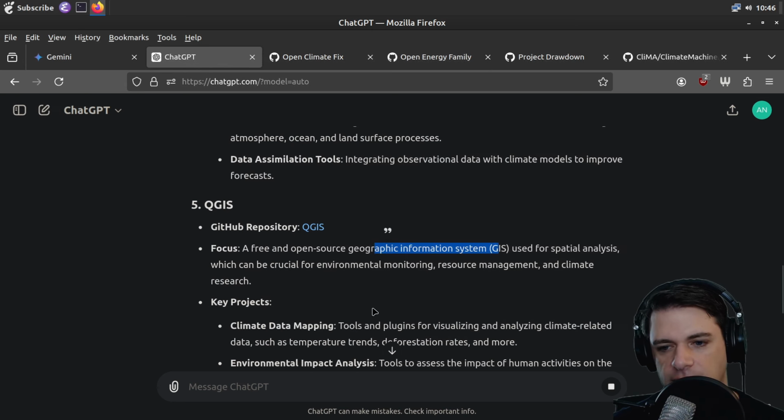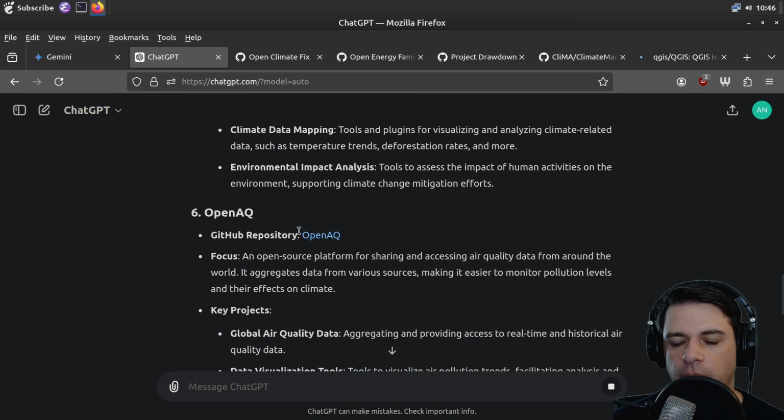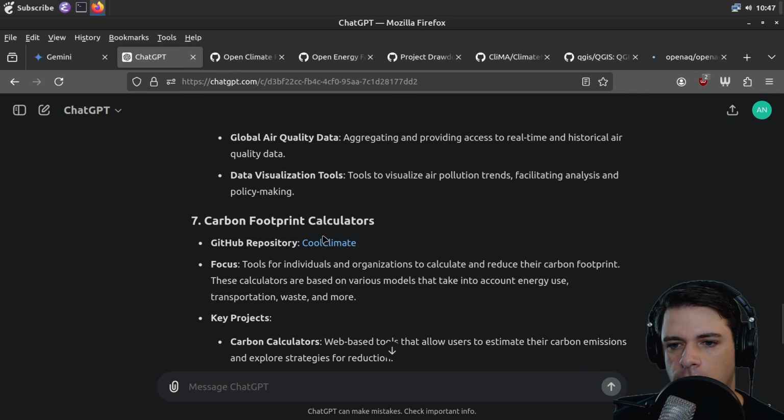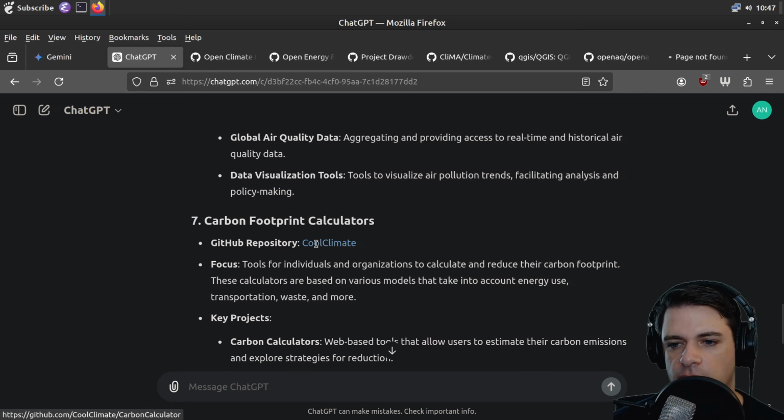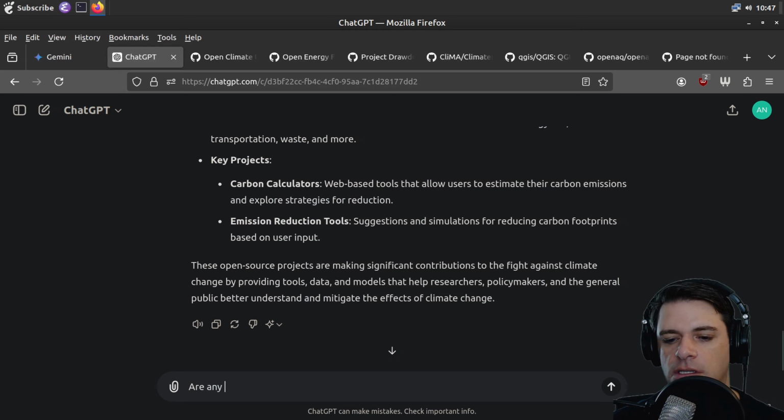Used for spatial analysis, which can be crucial for environmental monitoring, resource management, and climate research. OpenAQ for air quality data. It's an open source platform. Carbon footprint. I'm not so into the carbon footprinting stuff.